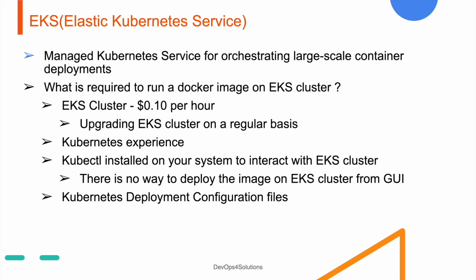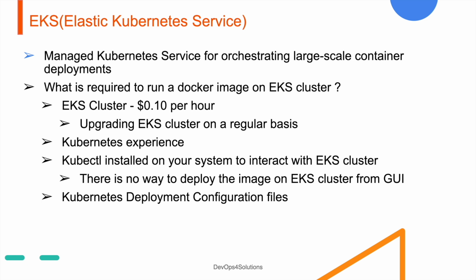There is no way you can deploy the image on an EKS cluster using a GUI. From the console, you don't have any options. You have to use kubectl or some other tools to interact with this EKS cluster and deploy your applications. People use Helm charts also for deploying applications on Kubernetes.